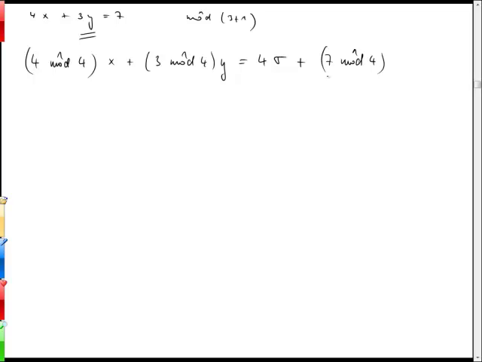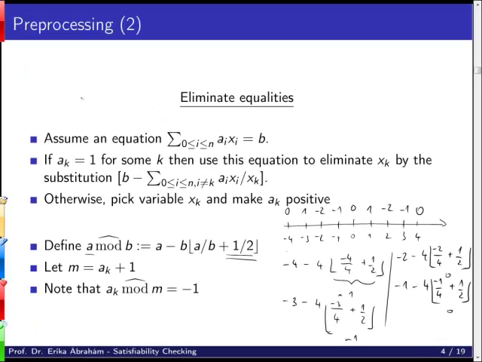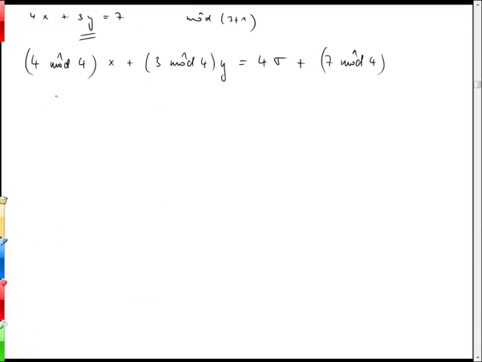Okay, let us compute it. 4 modulo 4, we can just check, we computed it already here. 4 modulo 4 was 0. So this is 0 times x plus 3 modulo hat 4, which is minus 1, and it equals 4 sigma plus 7 modulo hat 4, which is also minus 1. So what I get is y equals minus 4 sigma plus 1.